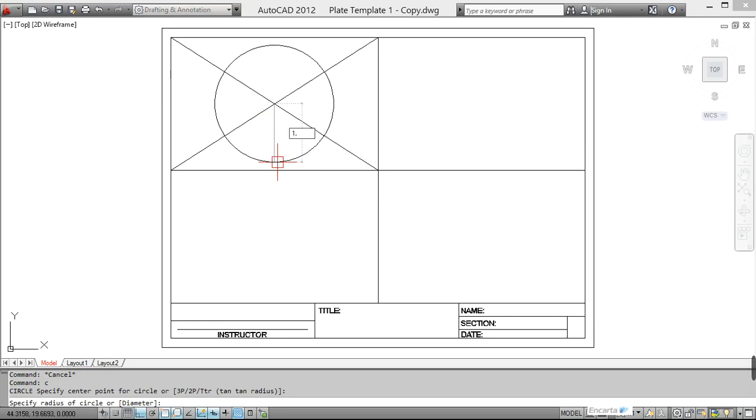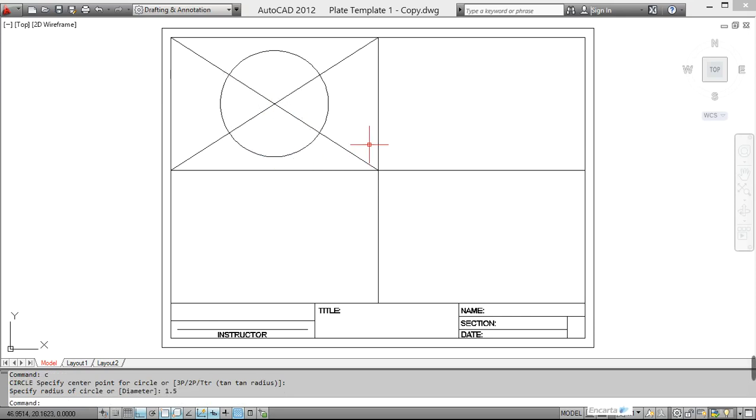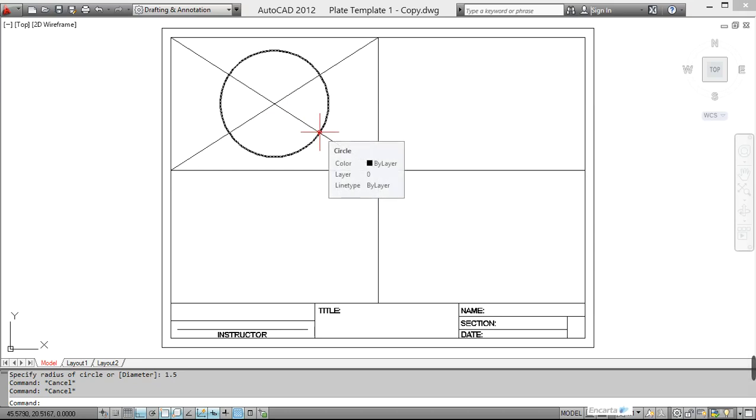So here we have 1.5, and that's it. So in manual drawing, you can measure the distance from the center going to this point, measuring 1.5. Then after that, you can use your technical compass to draw this circle.